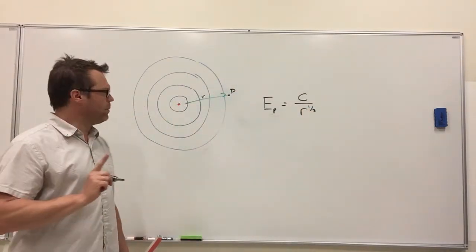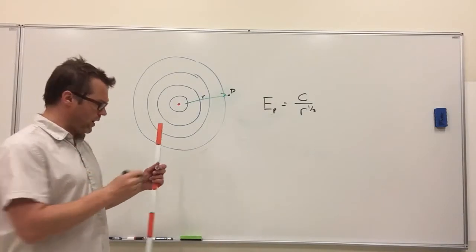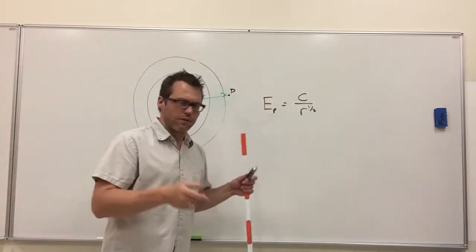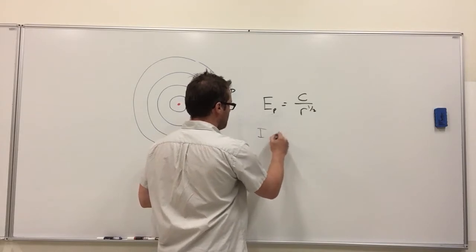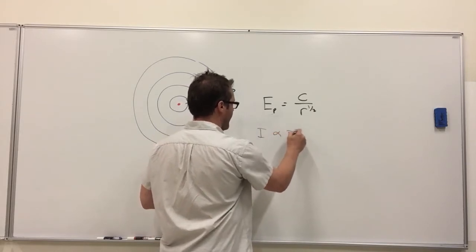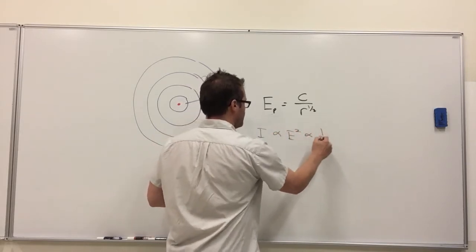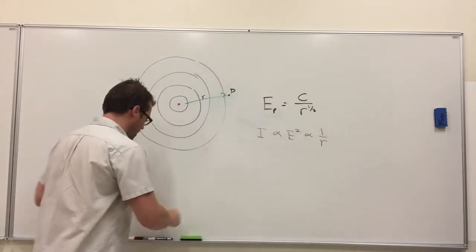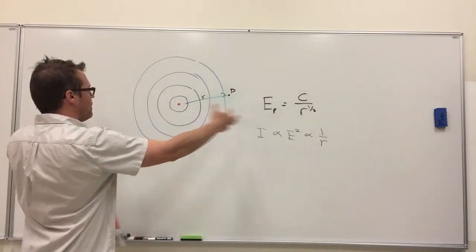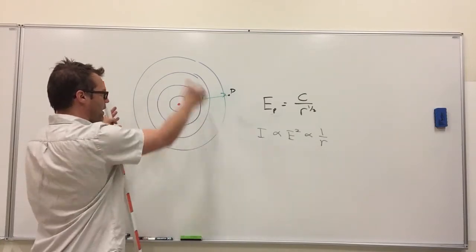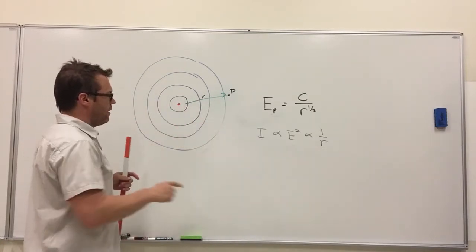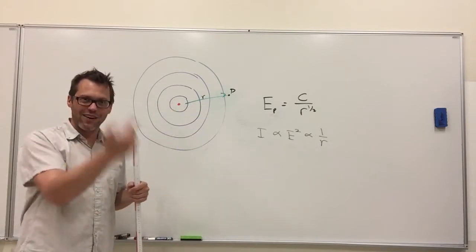And that perhaps is a little bit harder to visualize, but if you think again about the intensity being proportional to E squared, the intensity is now proportional to 1 over r. If you again imagine the energy flowing through some length of cylinder, it'll have some surface area that's proportional to r, not r squared.